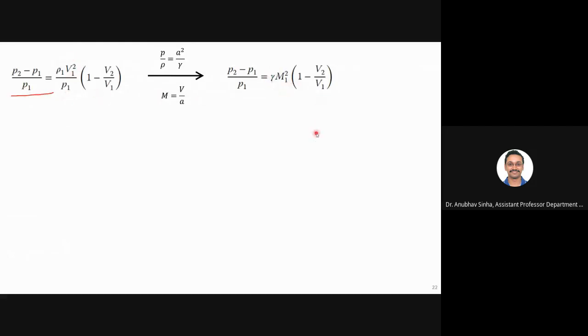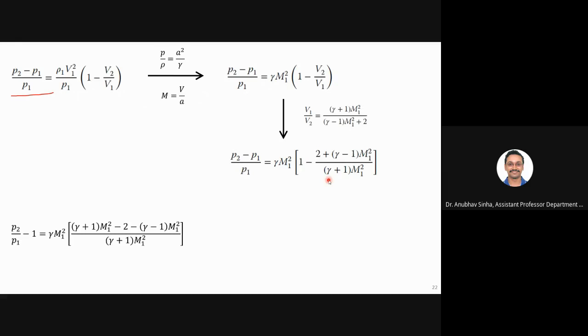There is no change. Now V1 by V2 is this much, that we have seen in the last slide. If we substitute that in this relation, we have V2 by V1, right? So this will go as reverse, 1 by that. If you do that, this is what we are going to get for delta P by P1. This is fine. Now, what if I do some rearrangement?